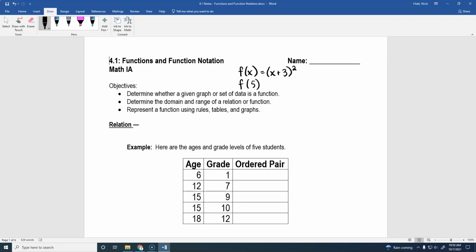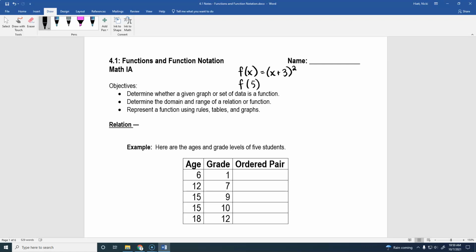So a function rule tells us what you're doing to a number if you're given that number. There are lots of different ways that functions can be presented. So we're going to start from the most basic types to the more complex. The first thing we're going to talk about is actually not a function, it is a relation.